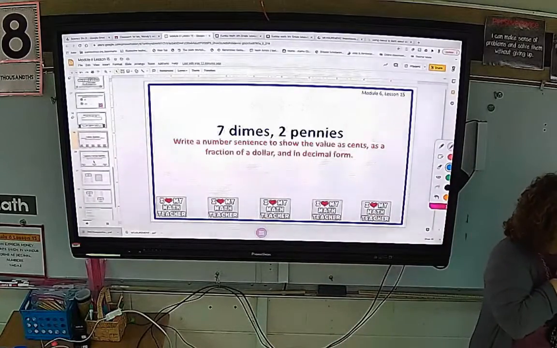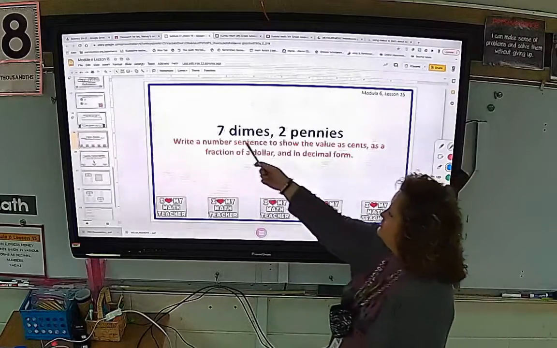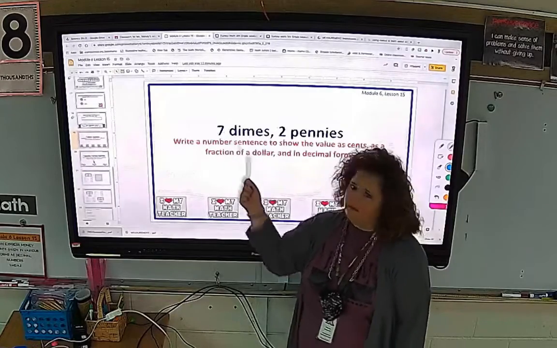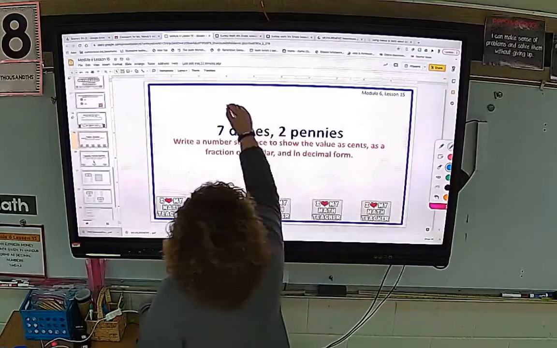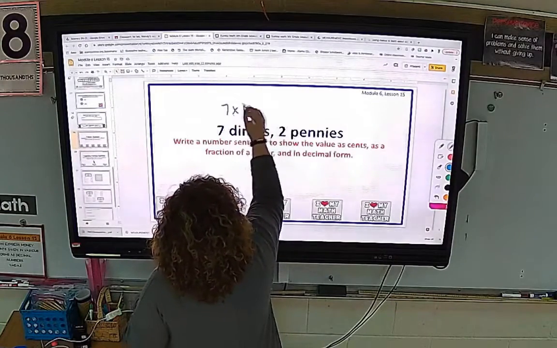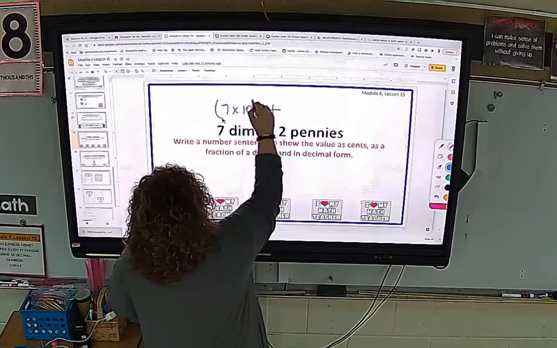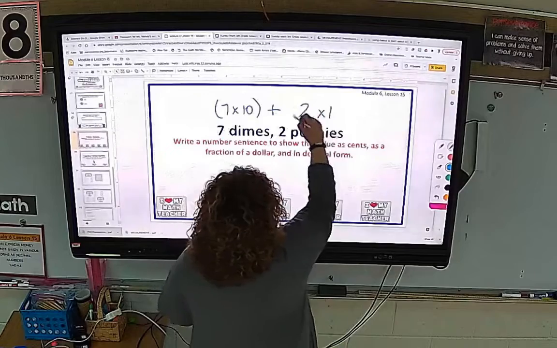What if I asked you to add some multiplication in there? I've got this 7 times. You could do 7 times 10, and then you would add 2 pennies. Or I could even say 2 times 1 if I had to add the multiplication.